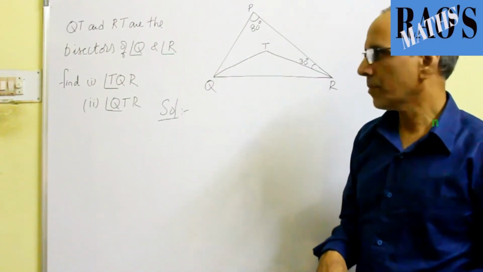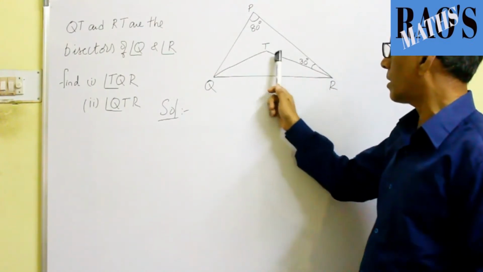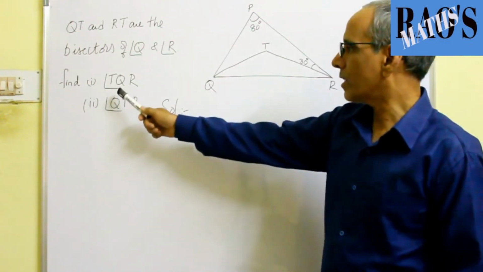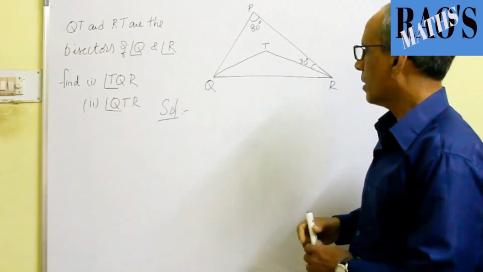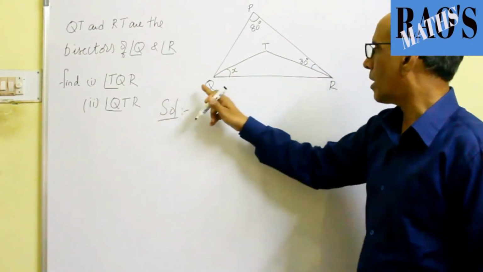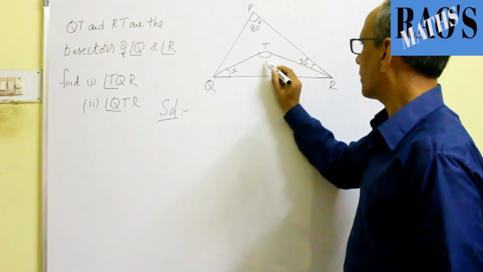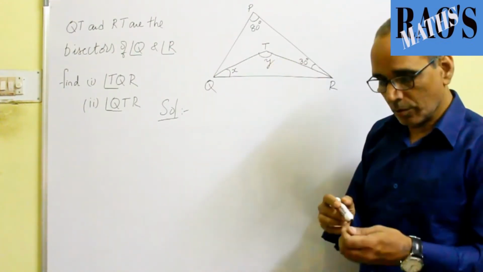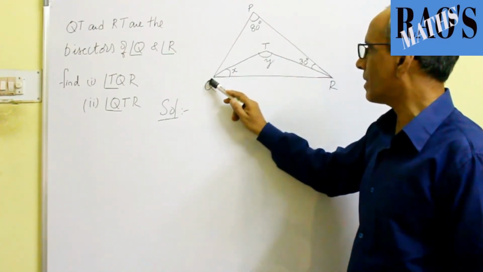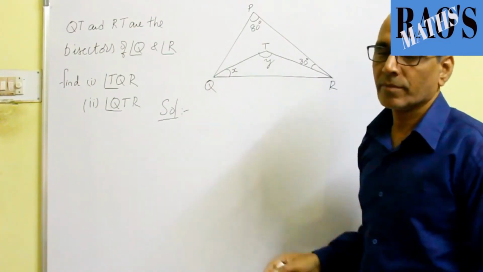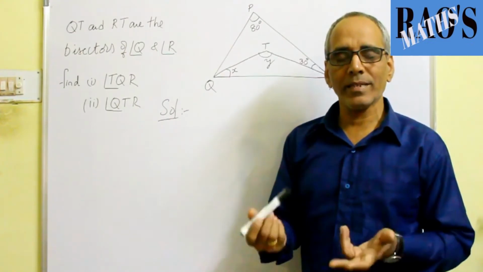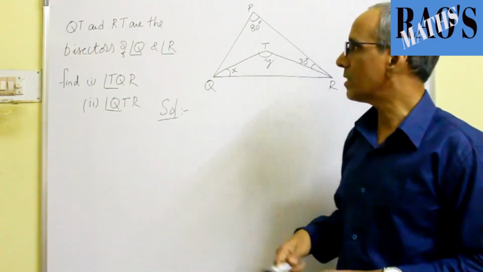In triangle PQR, it is given QT and RT are the bisectors of angle Q and angle R. And the question is angle TQR, I mark here X to call it easily, and also angle QTR, this angle Y. We already proved this topic: angle Y, found by the bisectors of the base angles of the triangle, is always 90 plus half the vertical angle.